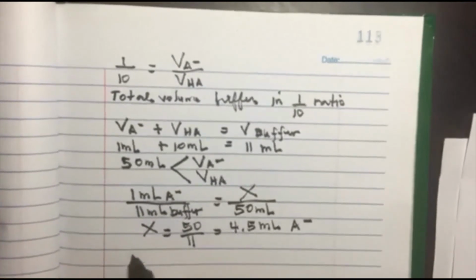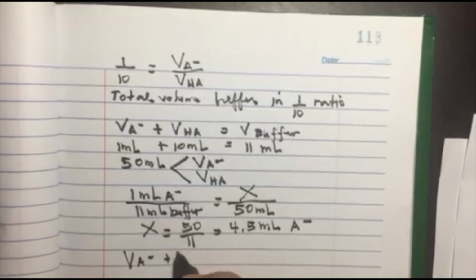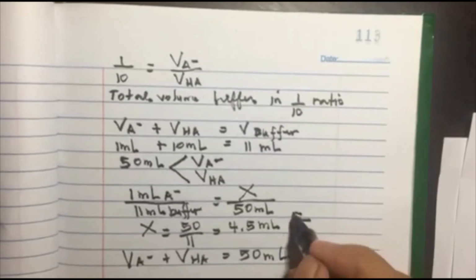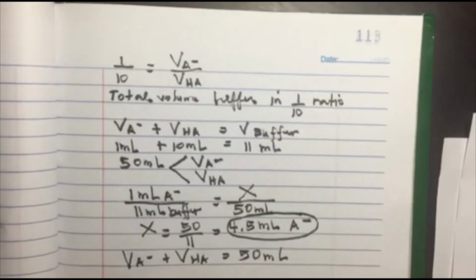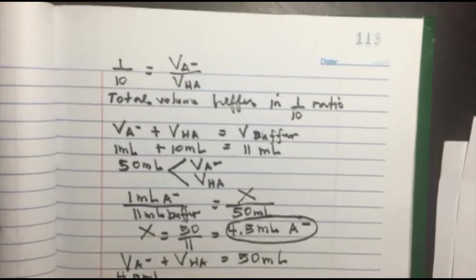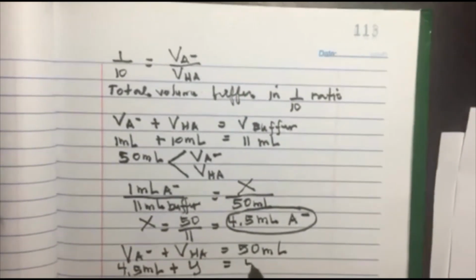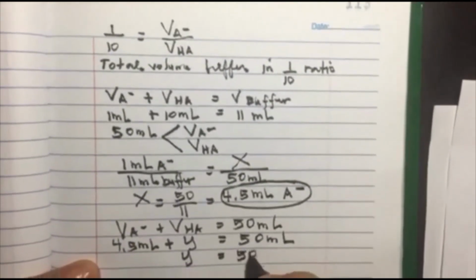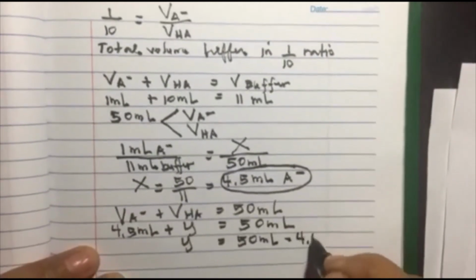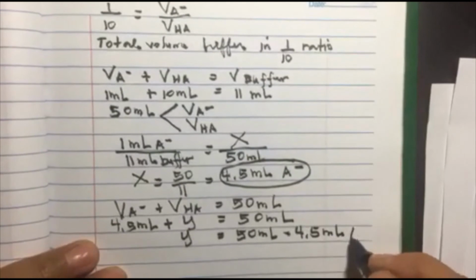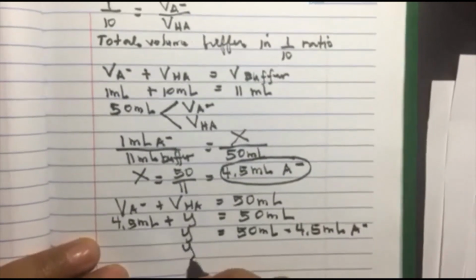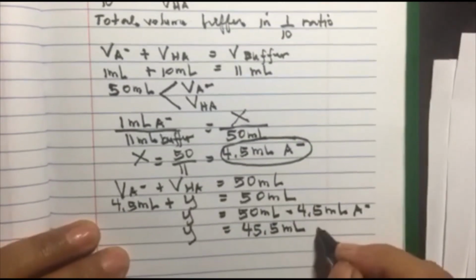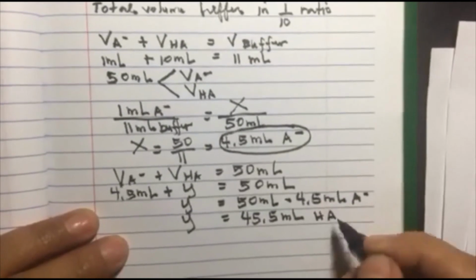Now, since the total volume of the two is 50 ml and A is 4.5, we say 4.5 ml plus Y is equal to 50. To calculate for Y, we say 50 ml minus 4.5 ml, so Y would be equal to 45.5 ml, which is the volume of our acid.